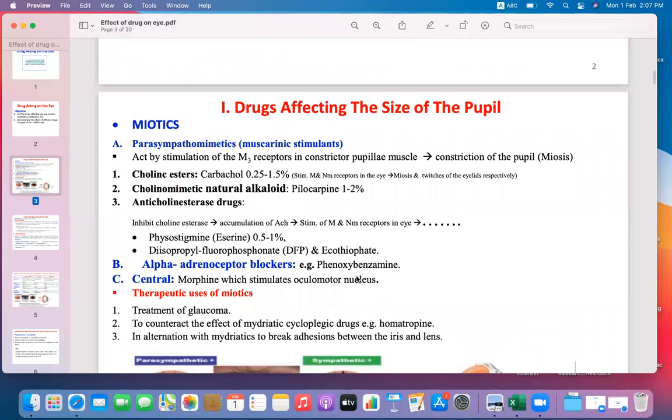Now let us see the drugs which are responsible for meiosis. Parasympathomimetics. For the parasympathomimetics, the neurotransmitter involved is acetylcholine, and the receptors are nicotinic and muscarinic receptors.